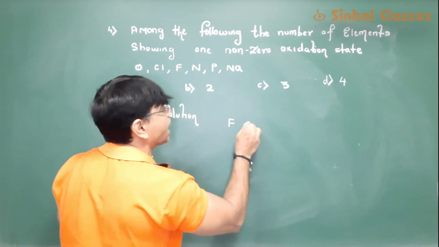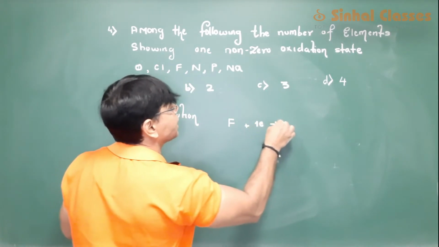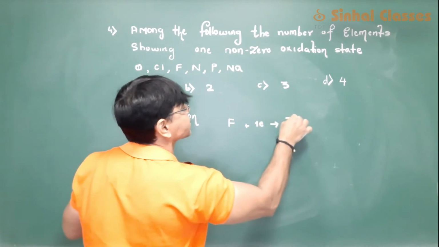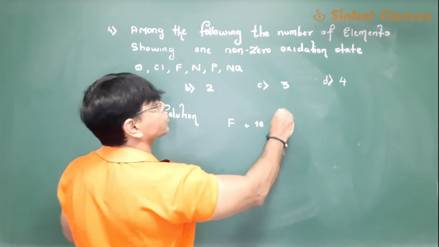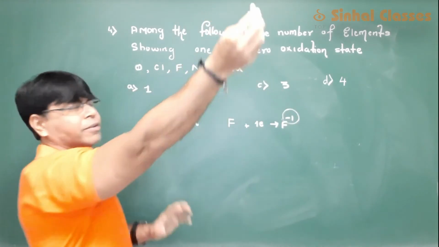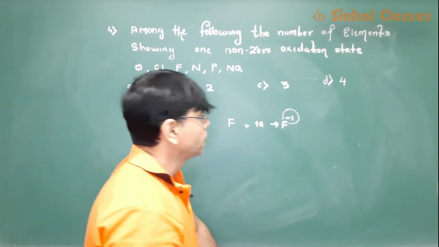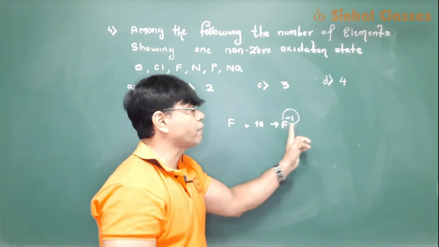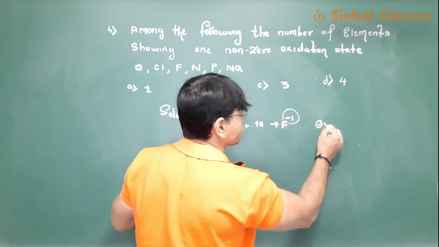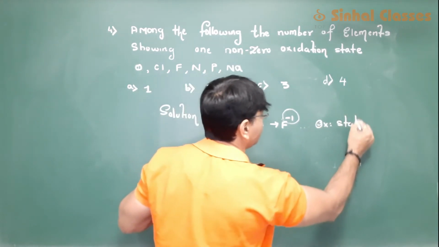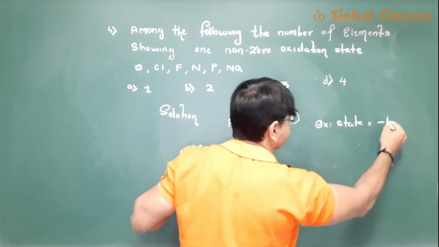It will only accept one electron and turns into F minus. So it can have an oxidation state of only -1.